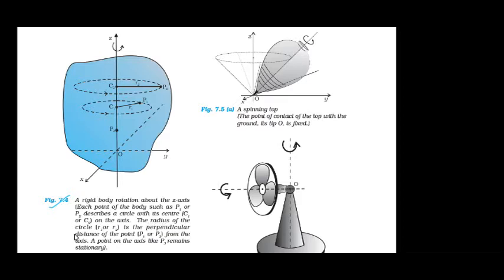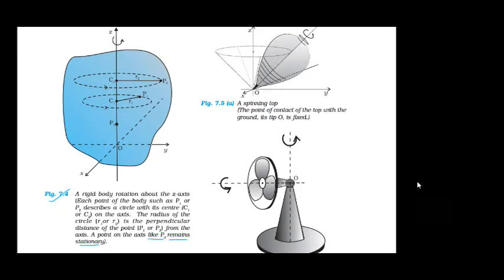The radius of the circle is R1 and R2, the perpendicular distance of the point P1 and P2 from the axis. A point on the axis, like P3, remains stationary. Fine. Now let us move to the paragraph.